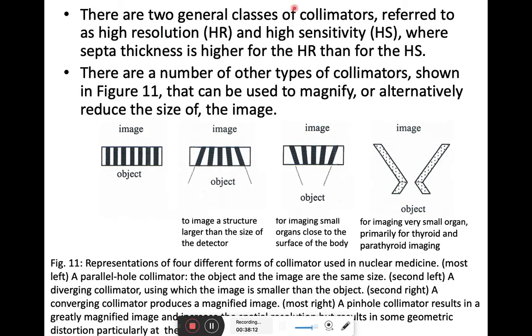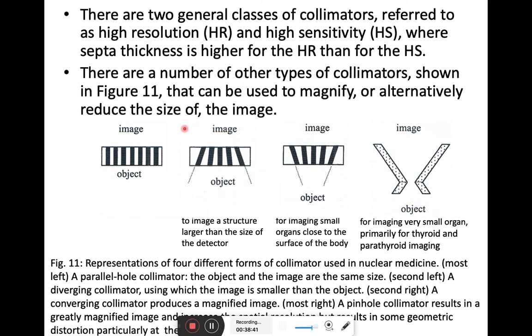We have two general classes of collimators. The first is high resolution and high sensitivity, where the septa thickness is higher for the HR than for the HS. So these are the two general classes, HR and HS. The HR will have septa thickness greater than the HS.